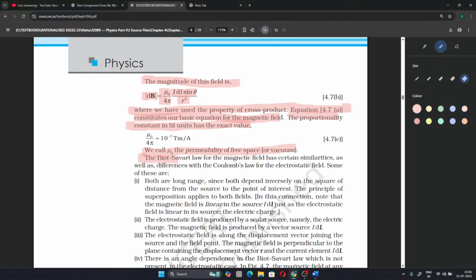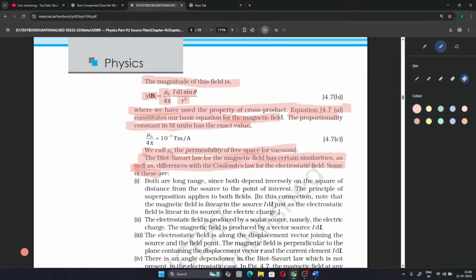The Biot-Savart law for magnetic field has certain similarities as well as differences with Coulomb's law for electrostatic field. It is somewhat similar to Coulomb's law, that is, the electric field which is equal to kq by r square. Here it is k I dl sine theta by r square.